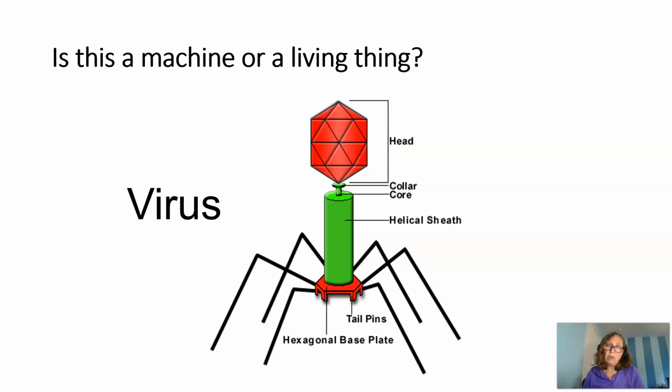So while most people talk about them as being alive, we talk about killing viruses, etc., most biologists do not consider them to be living because they lack some very fundamental properties of living organisms. So we'll be talking about that in Unit 1.